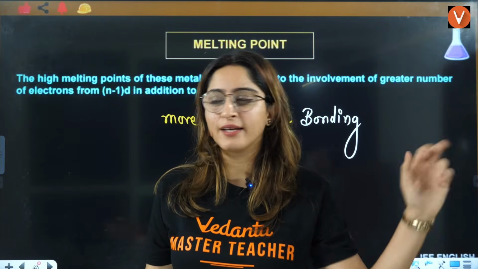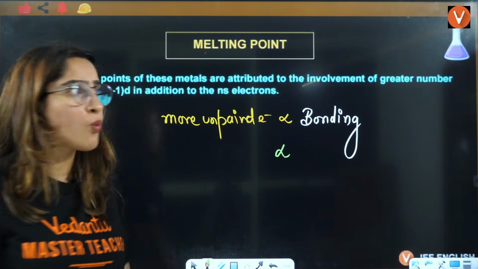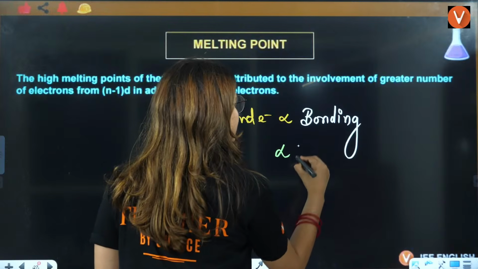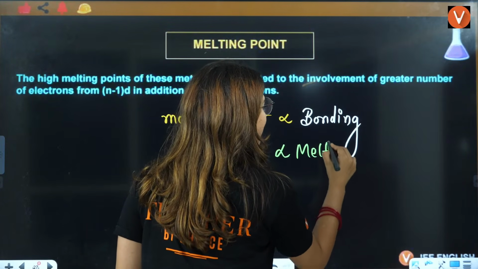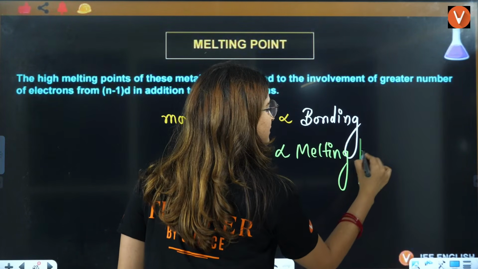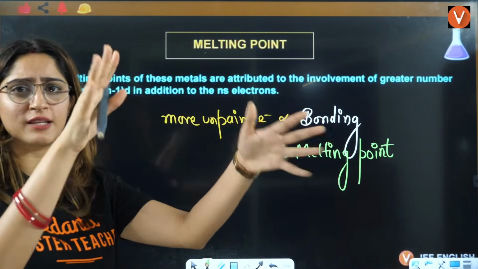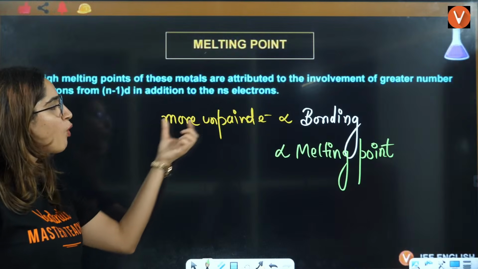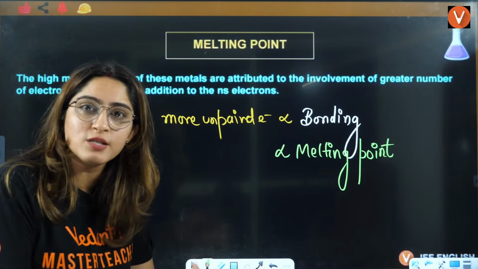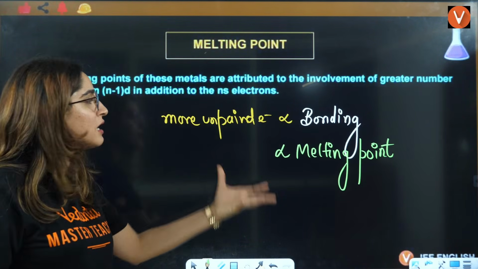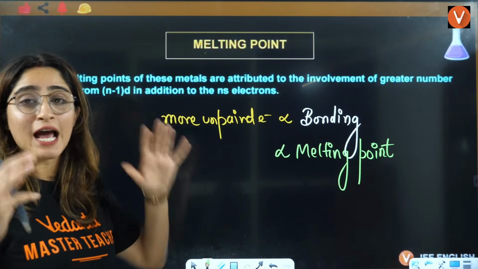You can't do anything here. So we can't break it. So that means melting point is going to be high here. Nothing will happen. So more unpaired electrons, more is the bonding, more is the melting point.